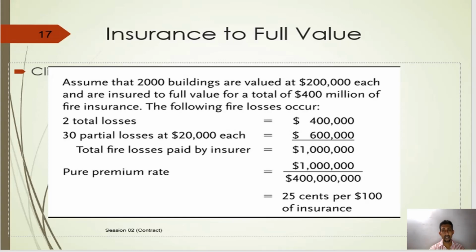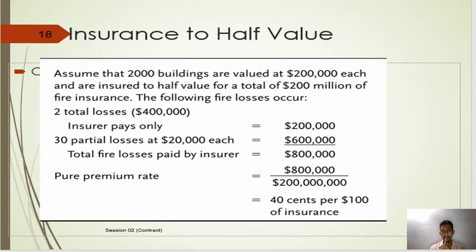However, we discussed there are 400 million worth of buildings insured. So if we calculate the pure premium rate, we can see we are paying 25 cents per $100 of insurance. Now this is an example where the company is insuring for the full value of the asset.